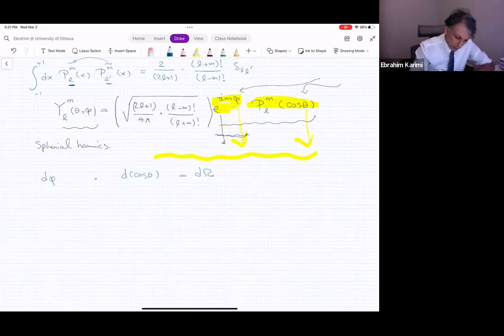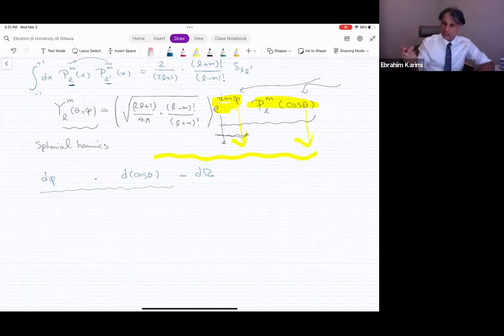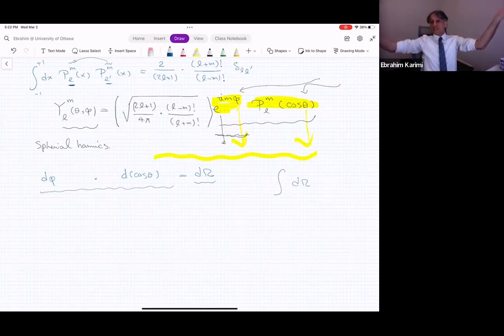Okay, so now the elements that you do have are d phi and d cosine of theta, which both of them I call the solid angle d omega. What is the integral of d omega? When I say integral of d omega, it means over the entire space.